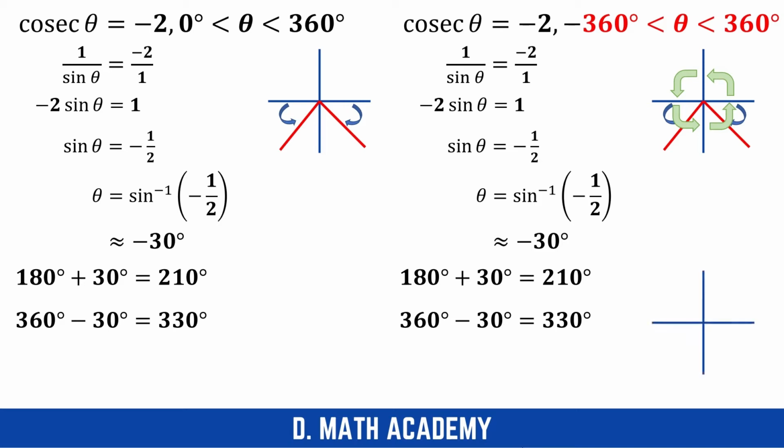However, for the -360 range, the answer will still appear in the 3rd and the 4th quadrant, just that from the starting red line, we are now going downwards or clockwise. To get these results, our -30 will now qualify. You only have negative results when your range is negative.